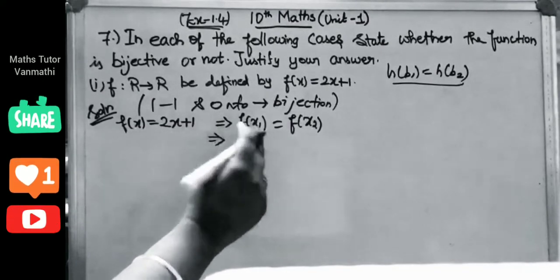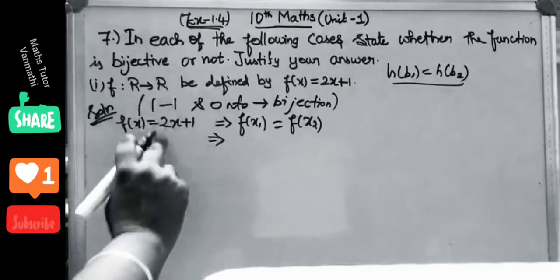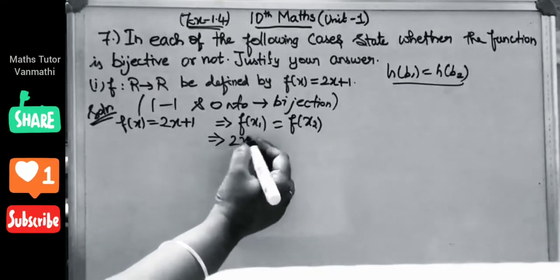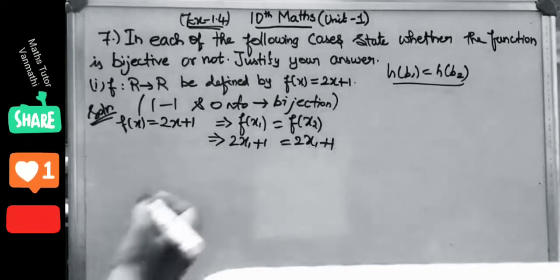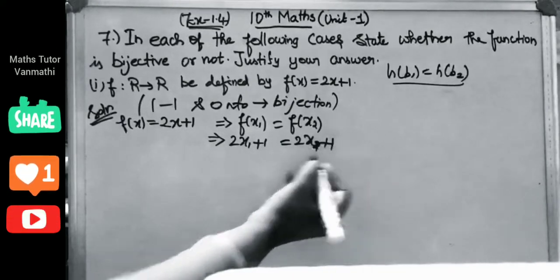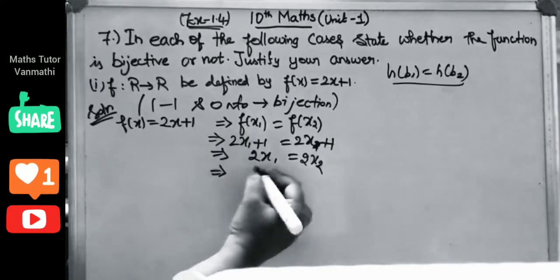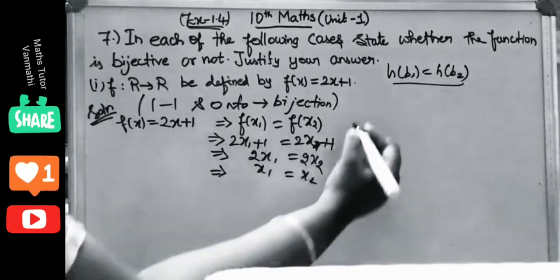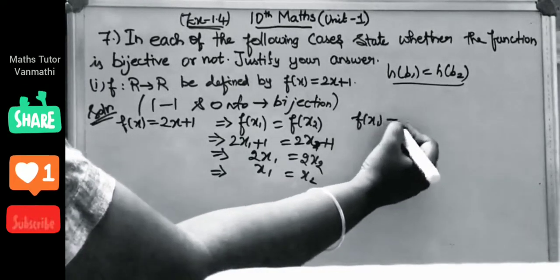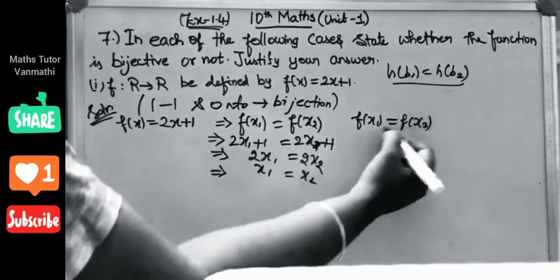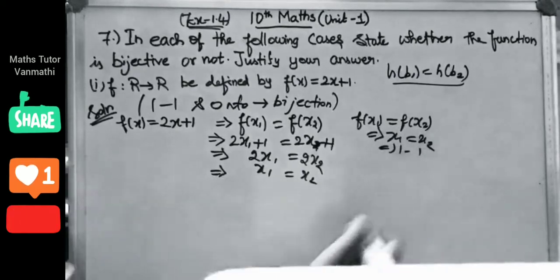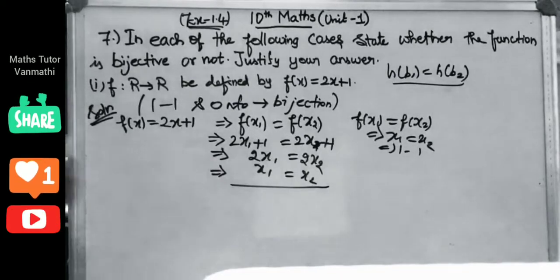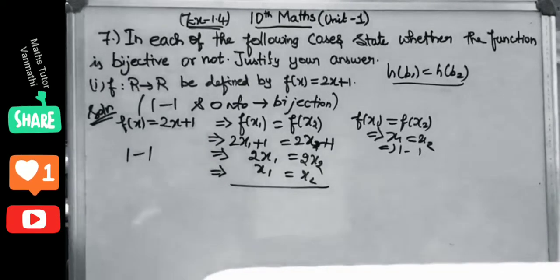F of x is 2x plus 1, so 2x1 plus 1 equal to 2x2 plus 1, which implies x1 equal to x2. Therefore, when f of x1 equal to f of x2, we get x1 equal to x2. Then we can say it is one-to-one. So from this we can say this function is one-to-one.